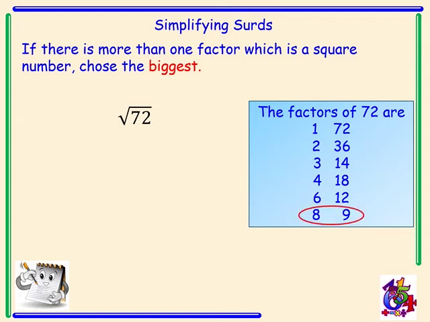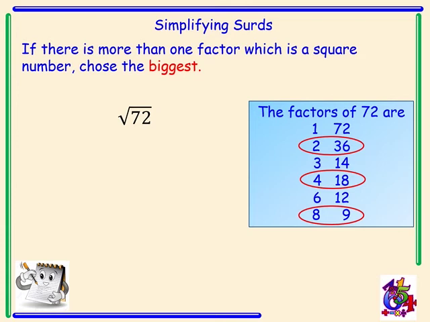So 8 and 9, 9 is a square number. 4 and 18, 4 is a square number. 2 and 36, 36 is a square number. Now, as I said, we need to pick the biggest square number. So the factor pair we're going to pick is 2 and 36.